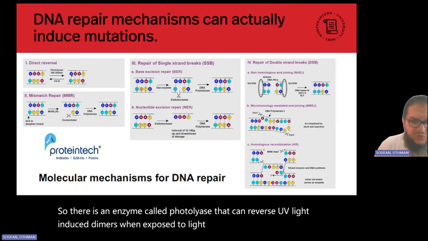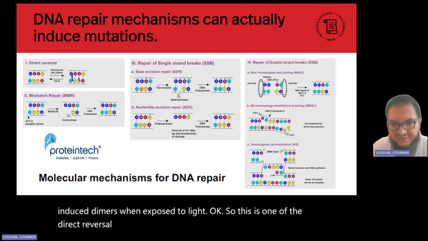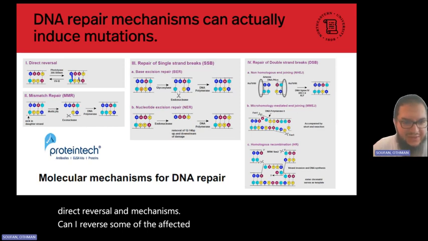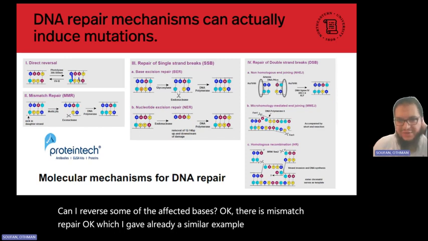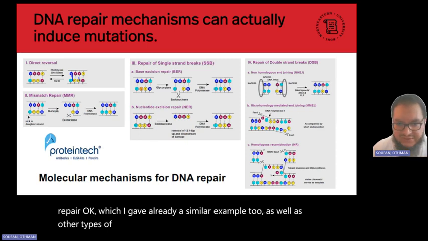So this is one of the direct reversal mechanisms. It can reverse some of the affected bases. Then there is mismatch repair, which I gave a similar example of already, as well as other types of mismatches that you can look at in the slides.